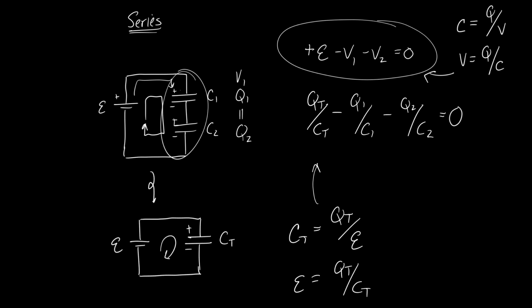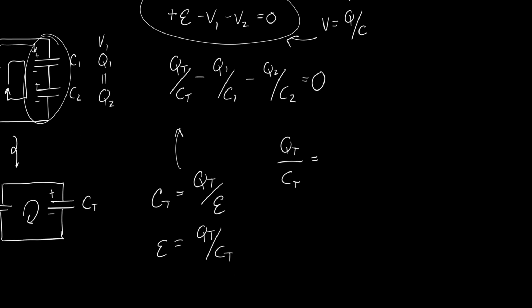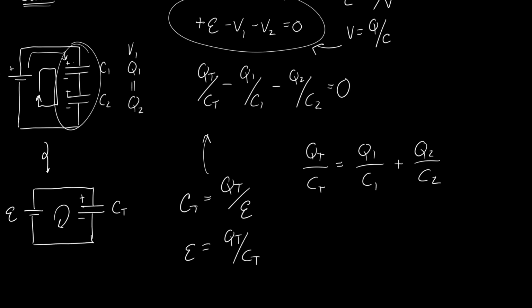Now, if I do just a very little bit of algebra, I can solve that and have it look like this. The EMF is going to be Q1 over C1 plus Q2 over C2. However, and I hope that you are a little forward-seeking, Q1 and Q2 are equal.